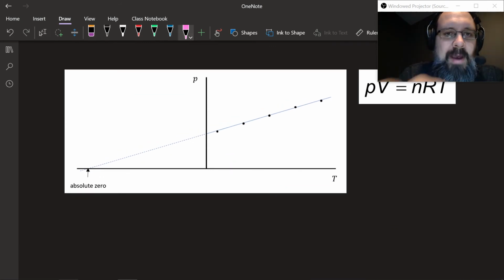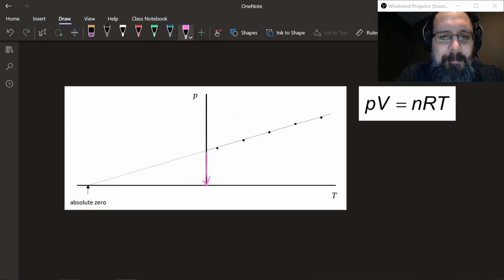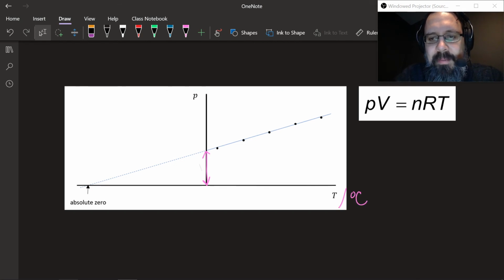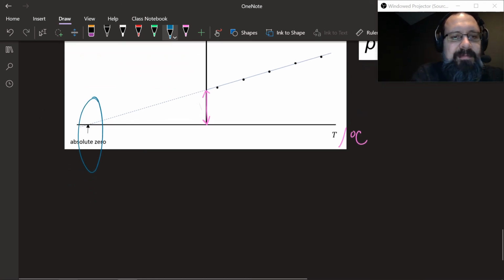Remember how we had that y-intercept on our graph? Well, if we forecast backwards into negative temperatures, which is where absolute zero is going to be in the Celsius temperature scale, we can actually find where absolute zero is going to be. It'll be the x-intercept.